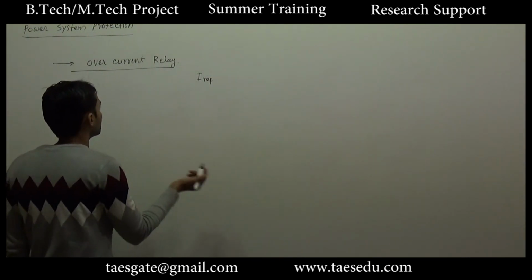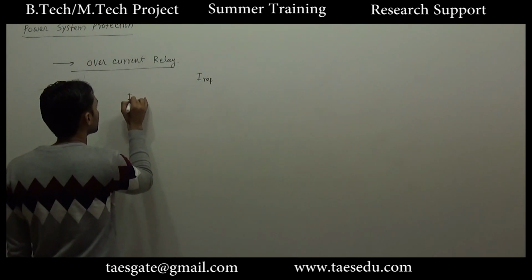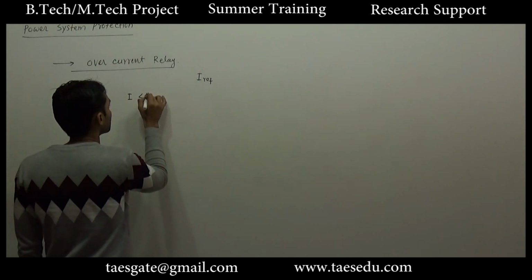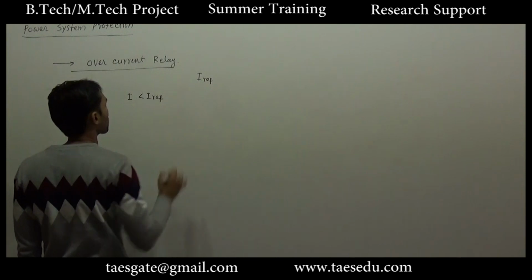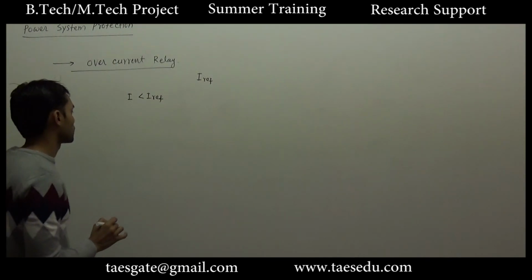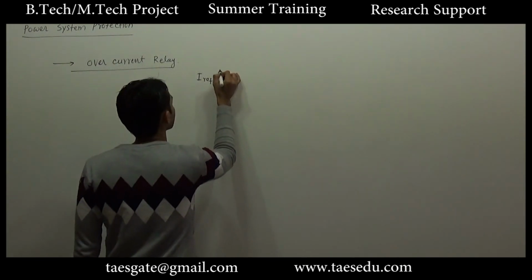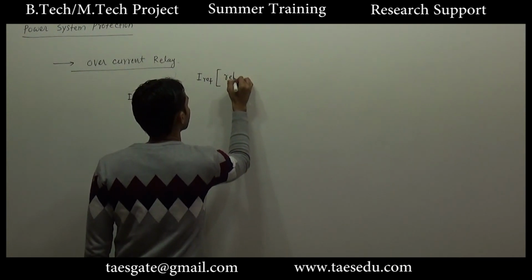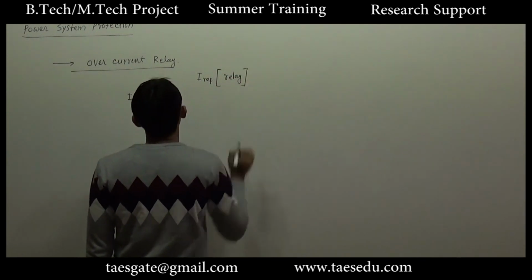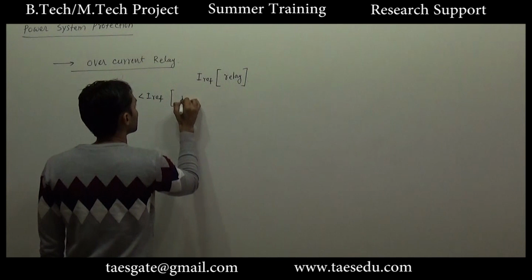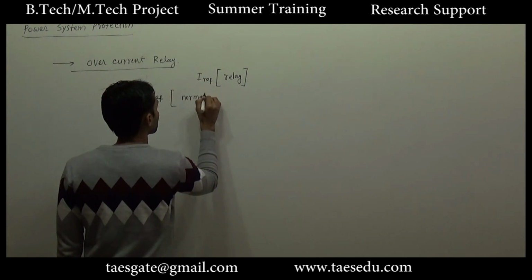If the line current is less than the reference current of the relay, which can be set manually, it is normal current.